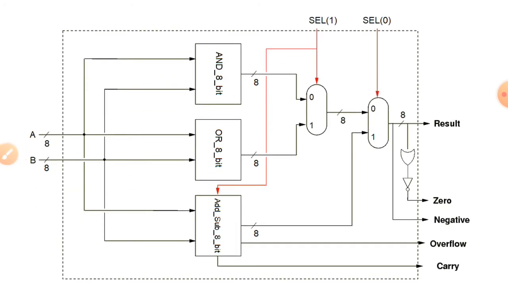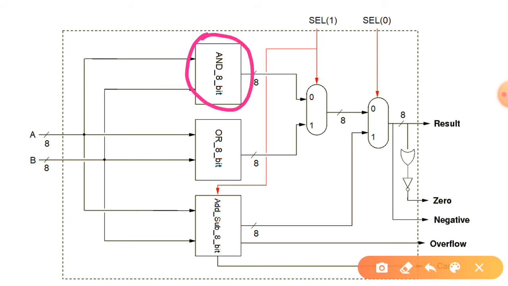In this particular slide, we can see the internal diagram of our targeted ALU and the different blocks present inside this and how they are interconnected. So let us first identify the different sub-modules present in this ALU module. As you can see, this is the AND 8-bit module. This is responsible for performing the ANDing operation. It is AND 8-bit, meaning it has 8 AND gates which are required in order to perform this A and B operation.